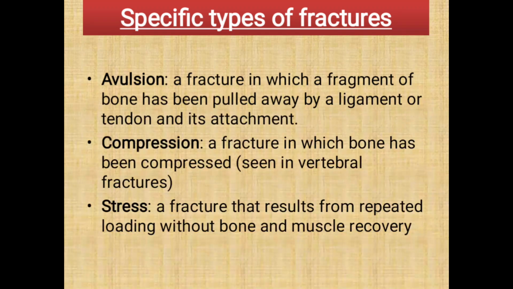Compression, a fracture in which the bone has been compressed, seen in vertebral fractures mostly, the vertebral column. Stress, a fracture which results from repeated loading without bone or muscle recovery.